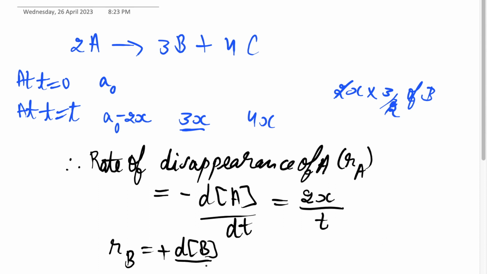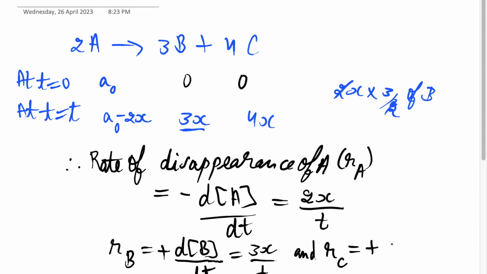So the change in concentration of B is 3x over the time interval 0 to t, so dt is t. So 3x by t. Similarly, we can get RC also.